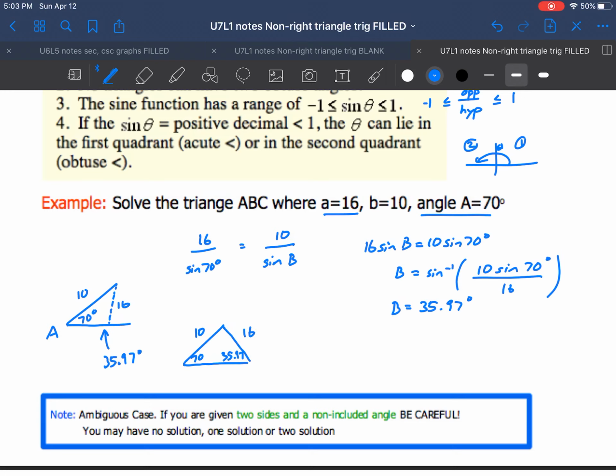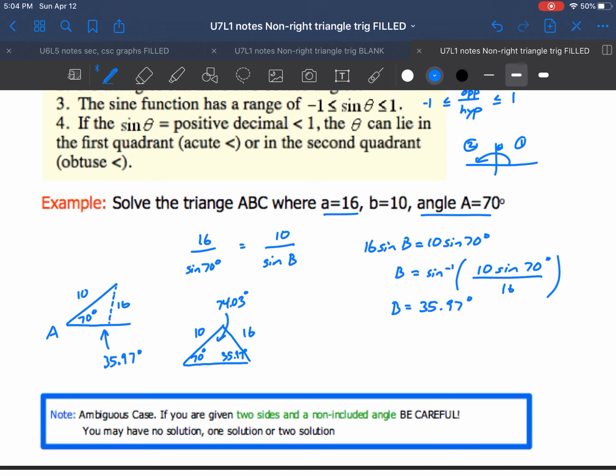This is 16. To get this top angle here, we can take 180 minus these two. So that's 110 minus 35.97, which is 74.03 degrees.